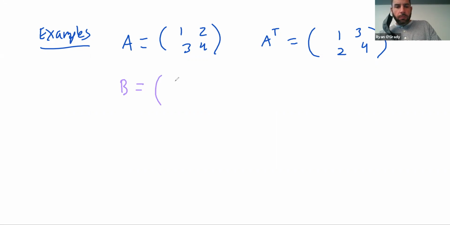How about we do this matrix. What is the transpose of this matrix, which has 2 rows and 3 columns?